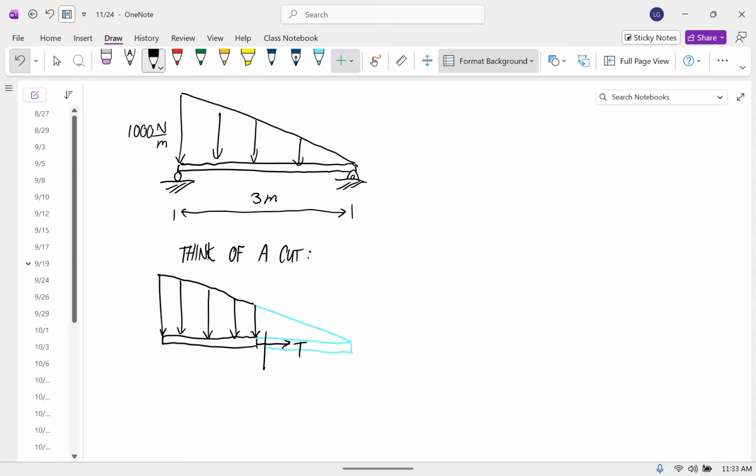Could we do it from the other direction, right to left, so it remains a triangle versus a trapezoid? Well, let's see, this is 1,000. So yeah, the issue here is now instead of being a triangle, this is a trapezoid.